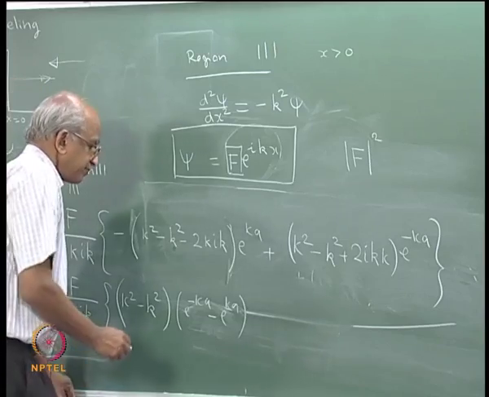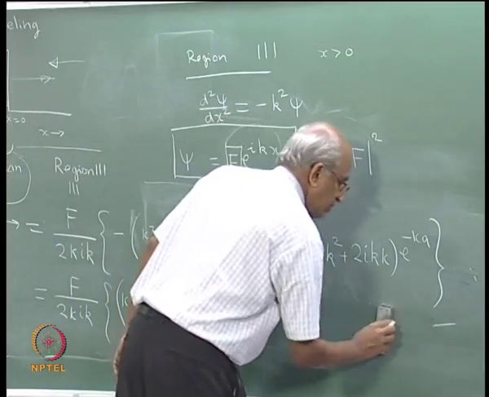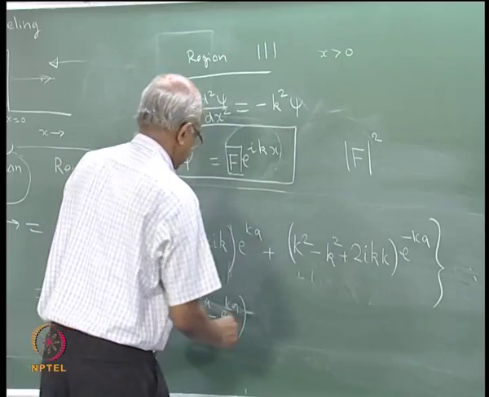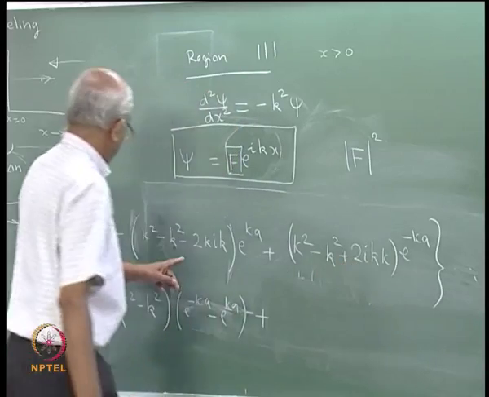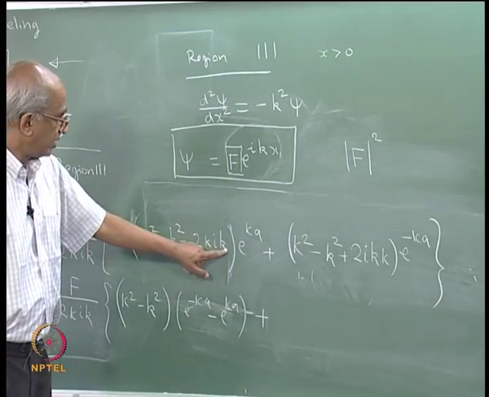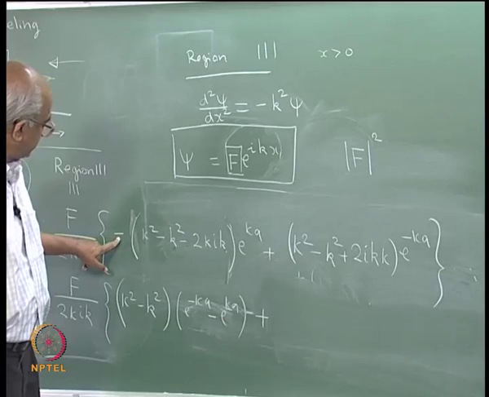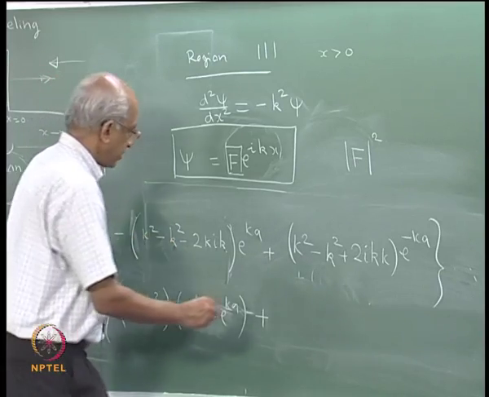And you have 2 kappa ik with a negative sign, but there is a negative sign outside, so that will actually become plus.